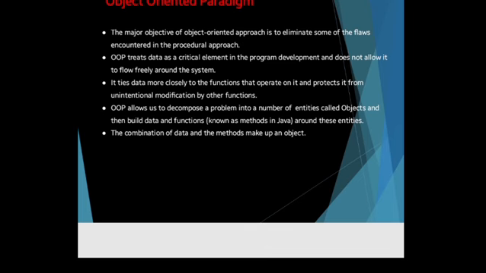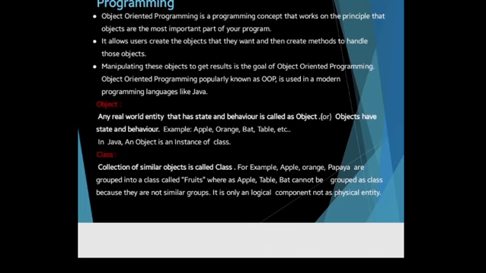Now we can move on to the next slide, that is basic concepts of object oriented programming. Object-oriented programming is based on the idea that objects are the most important part of a program. Instead of writing a program as a collection of functions, OOP organizes the program into objects.